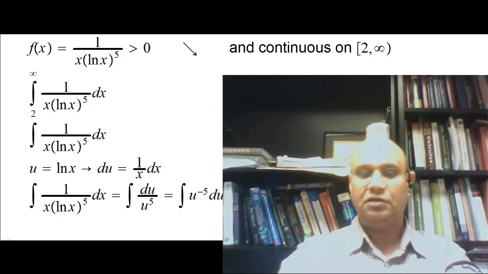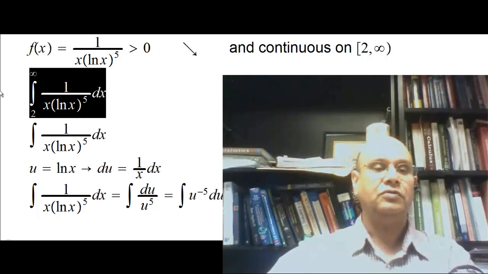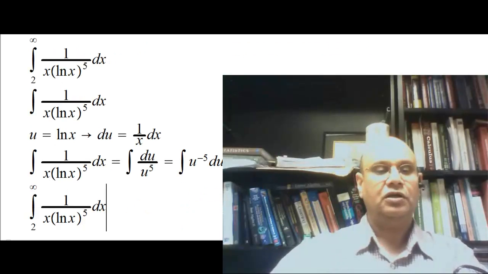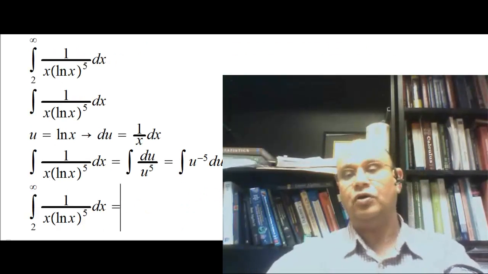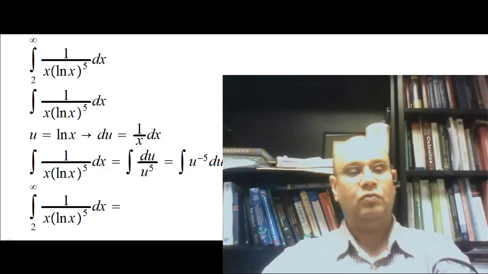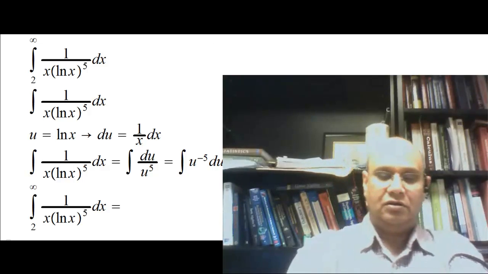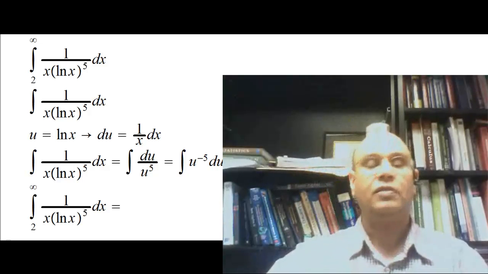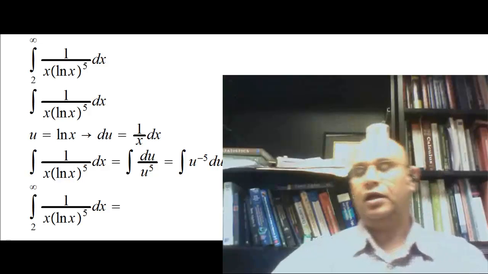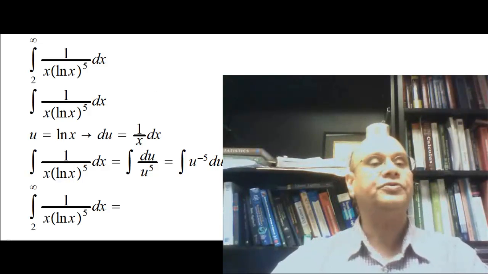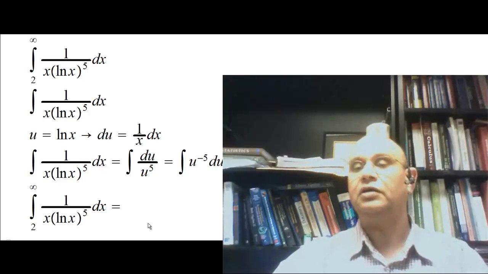Makes sense, right? So let's look at this now. So this of course then is going to be 1 over 4, then what? Ln of x to the power 4, right?